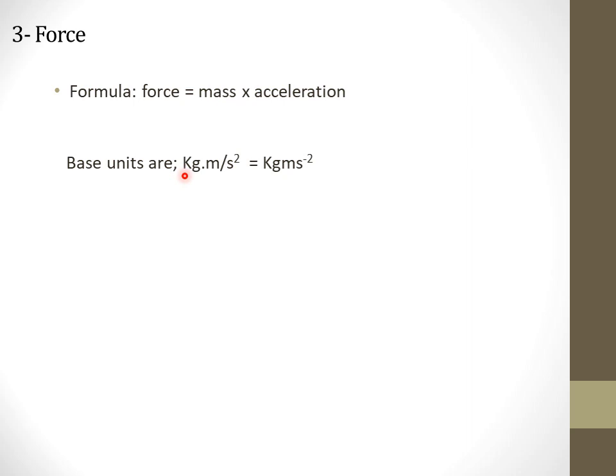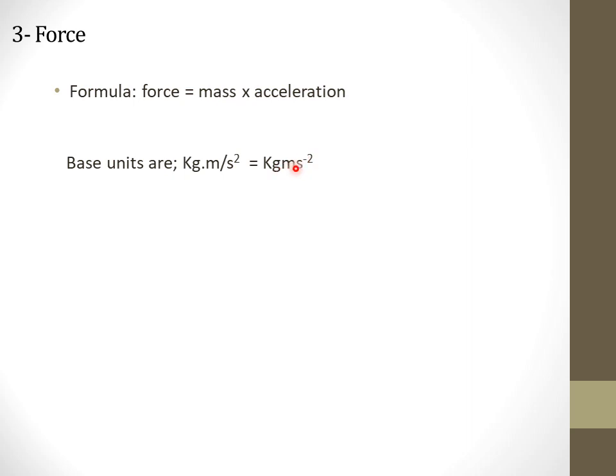The base units are kilogram, meter per second square. Kilogram for mass, meter per second square for acceleration. But since we are now in high school, we will no longer use this slash. We represent it with s to the power minus 2.